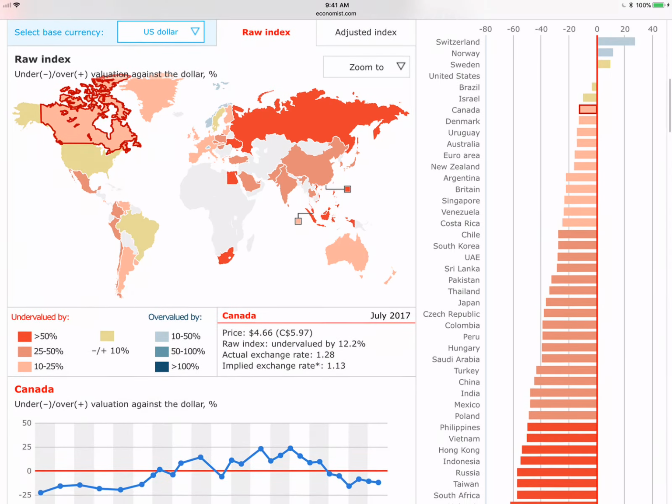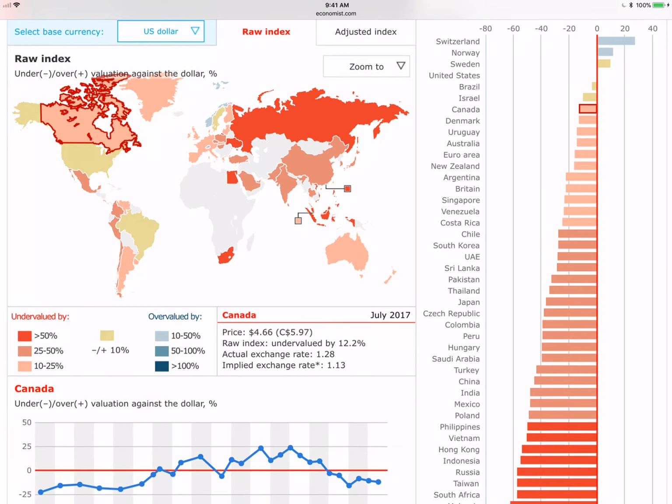And in fact, if we look at the number here, the raw index says that the Canadian dollar is undervalued by 12.2%. So what does this mean? That means the current exchange rate is lower than what purchasing power parity says it should be. So when you have an undervalued currency, over time, it should go back up to where it should be. And we'll talk in this level about what changes the exchange rate.